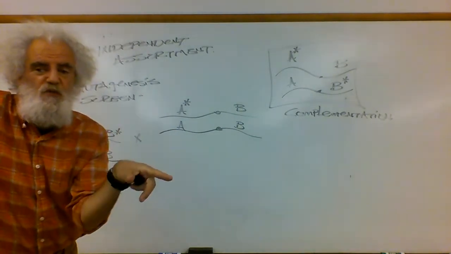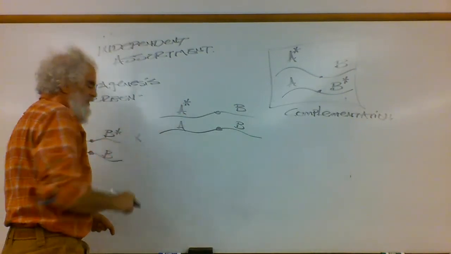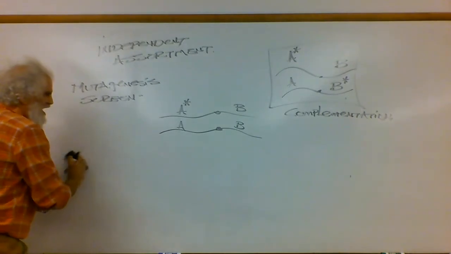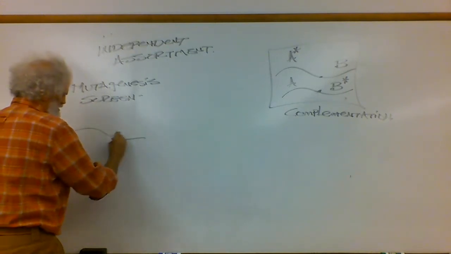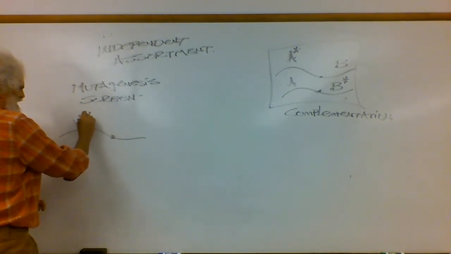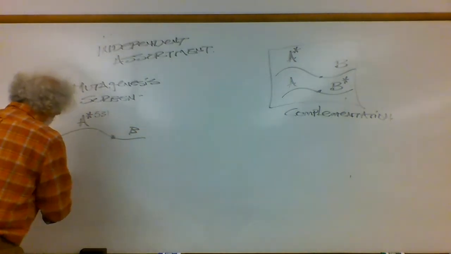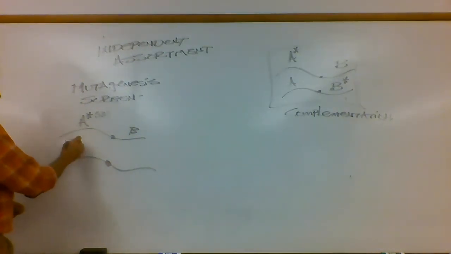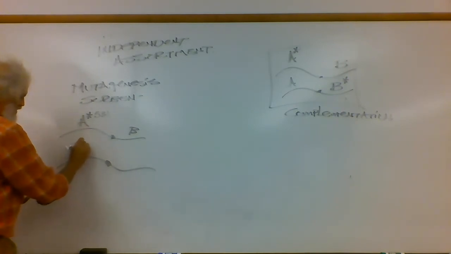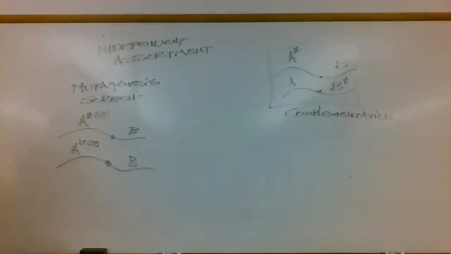Now, let's assume that we're doing a big mutagenesis screen and we got a lot of lethals, and some of them are going to be in the same gene. So if we've got a setup like this, where we've got mutation A, and we'll call this mutation 531, and then here's B. And you've been dutifully screening your flies, and you have mutation A, mutation 1035, and B. You want to know, are these two mutations in the same gene?